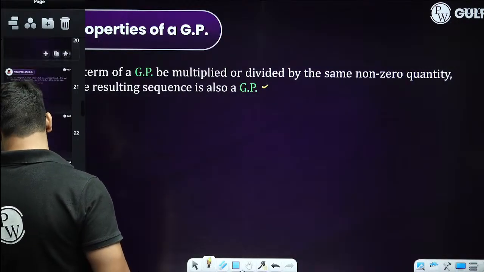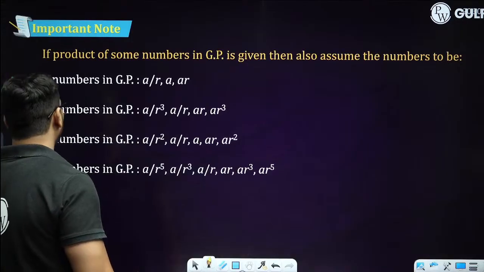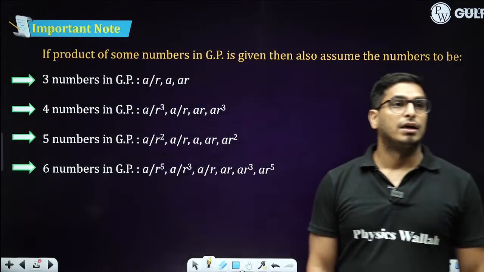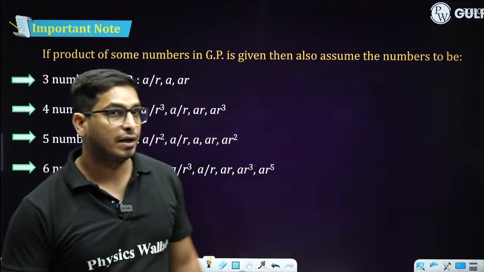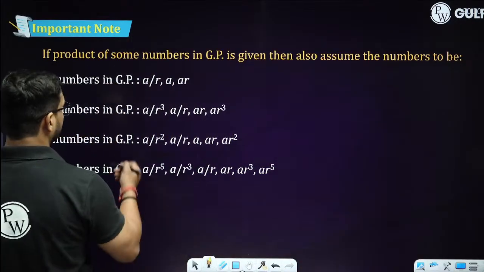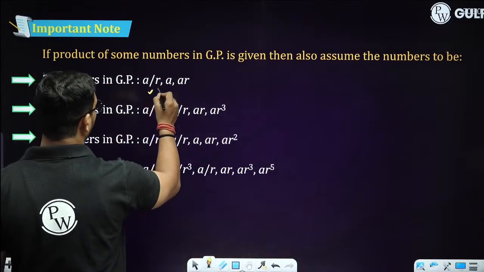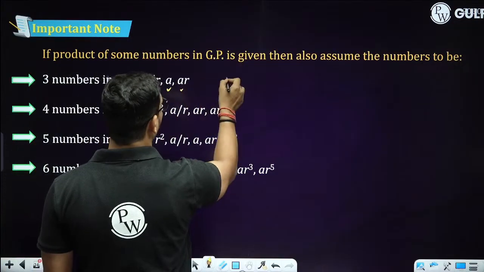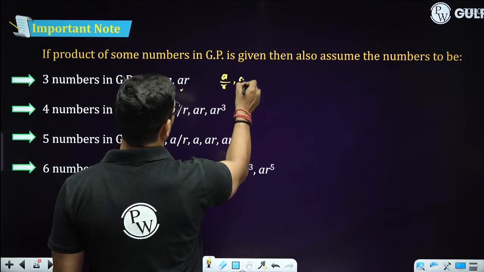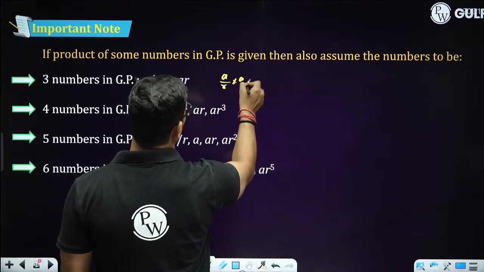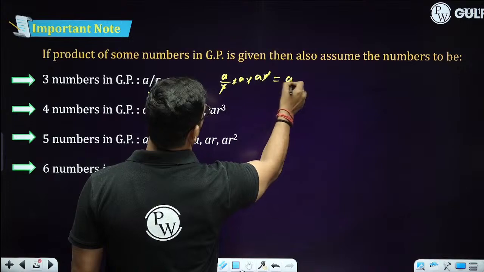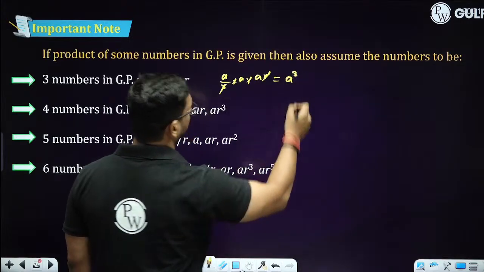Now this is an important part. 3 numbers in GP will always be taken as A by R, A and AR. Why? When you multiply these, you will have only one variable, A cube.